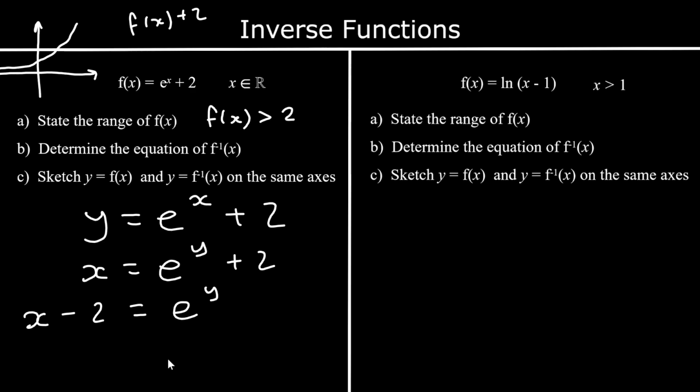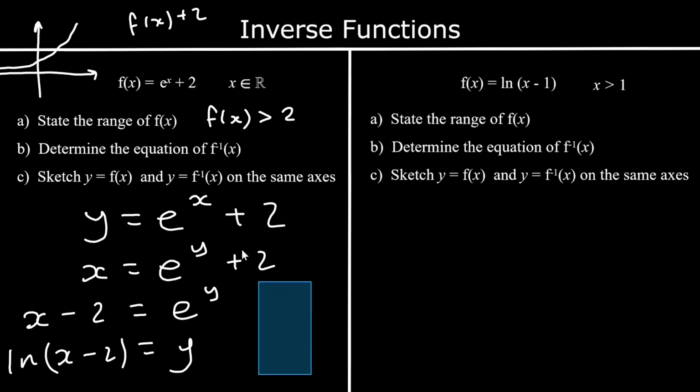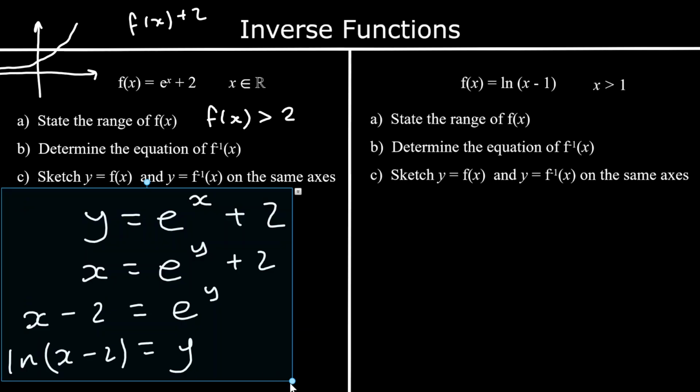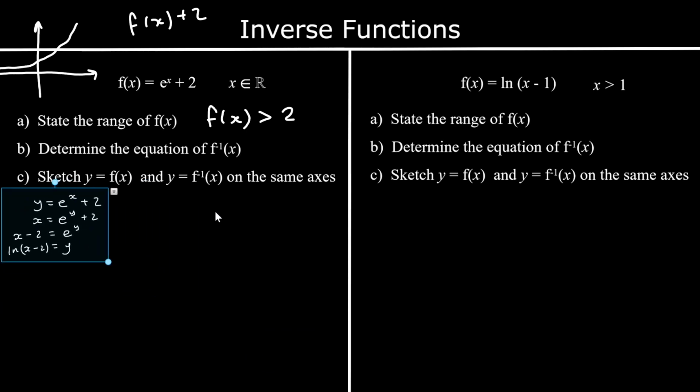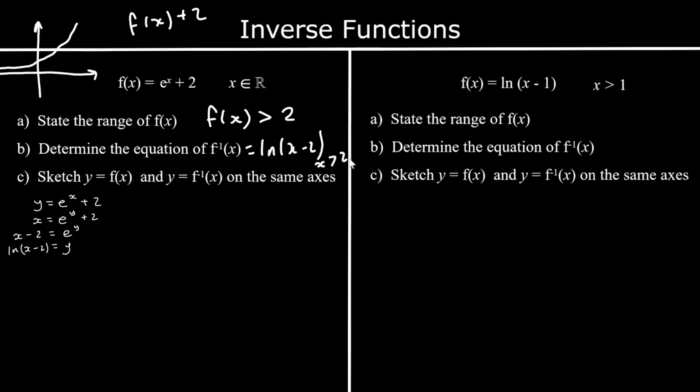If we log both sides, so log x minus 2 equals y. So the inverse is log x minus 2. And again, the domain of this is limited to x is greater than 2.